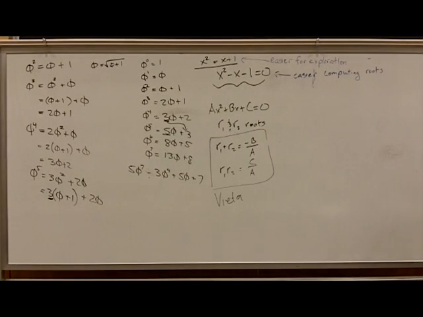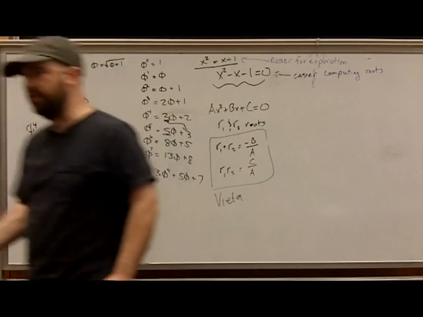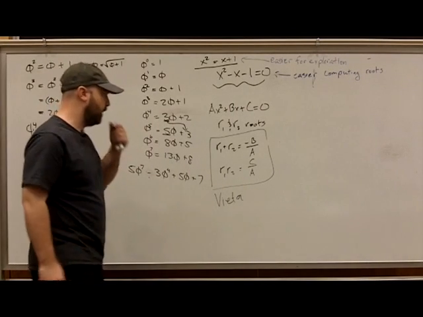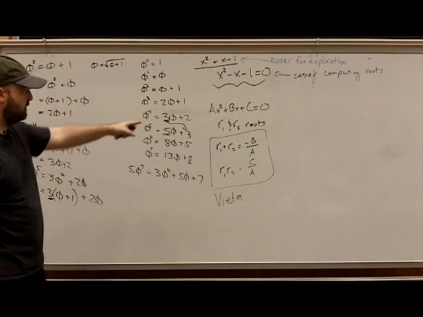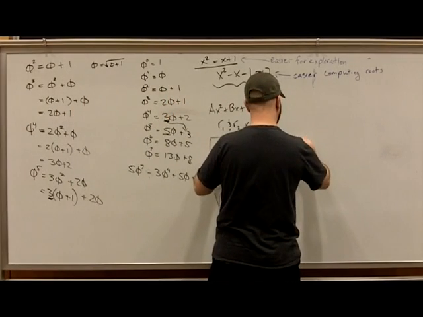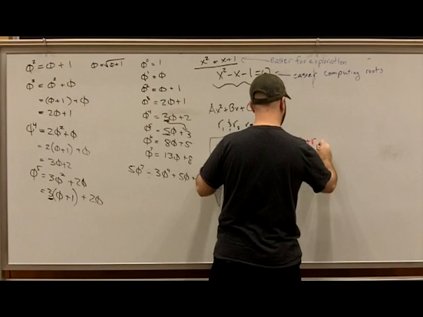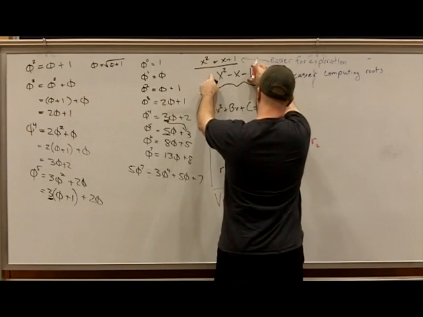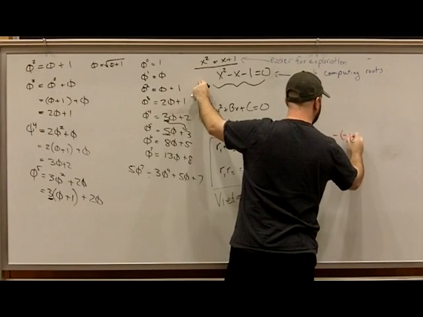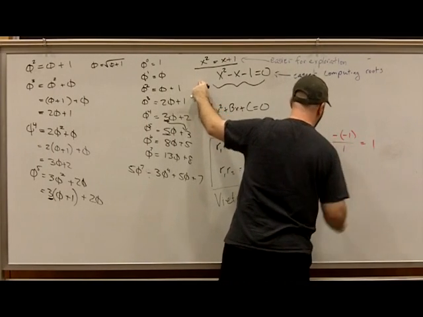So different ways to write things very often lead us toward different things. It's one of the reasons I try to write things in different ways over and over again. And a lot of the explorations that we're going through relate to writing things in different ways. So looking up here, these two relations right here, one of them says that the sum of the roots of this equation, negative b over a, is 1.